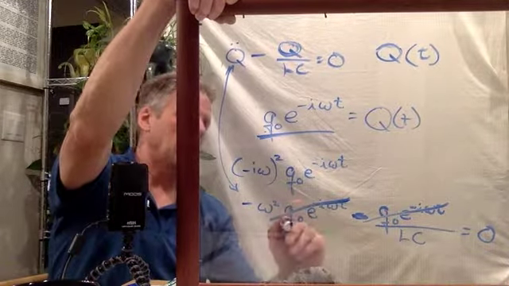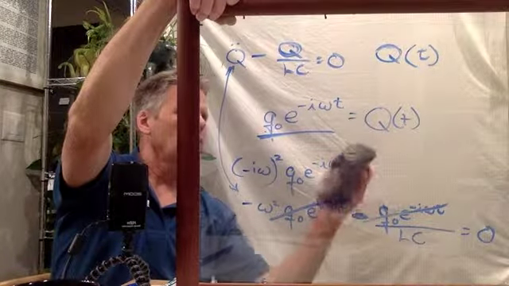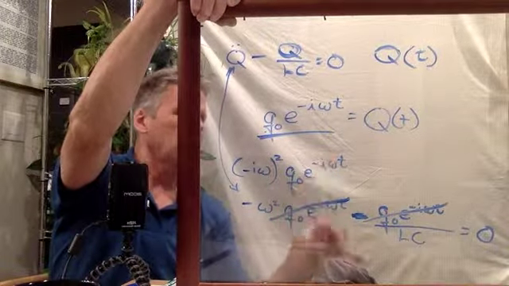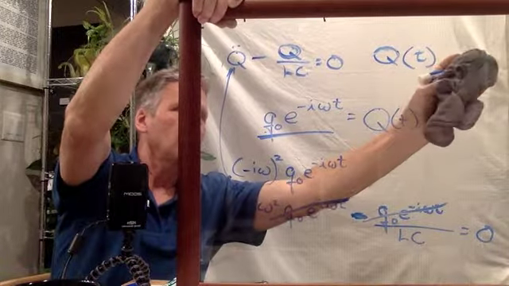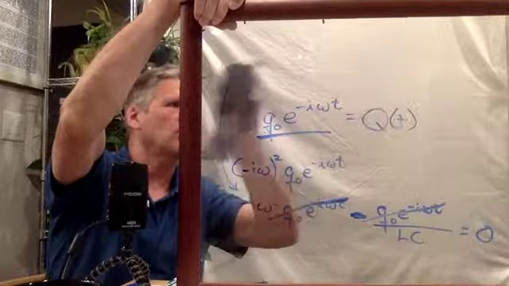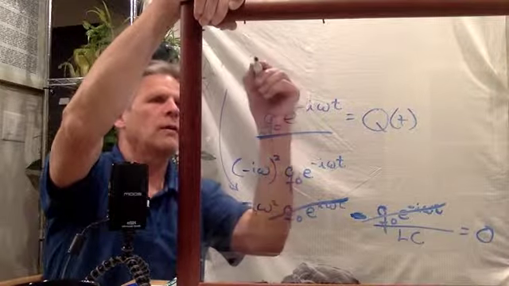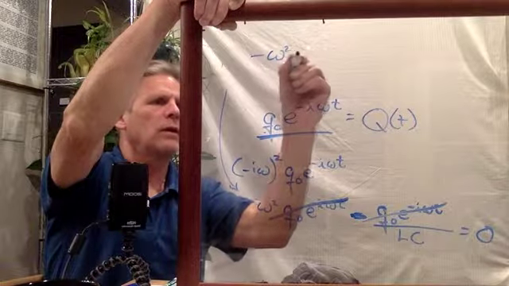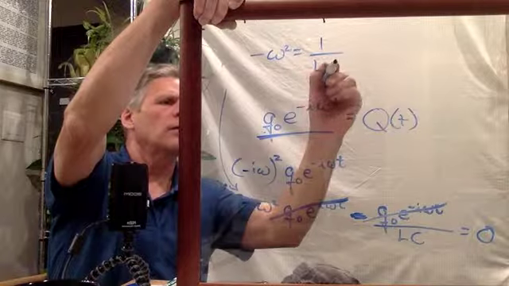This might have been a plus sign and not a minus, but I'm not going to worry about that a whole lot. Let's cross this out so I can use some room here. So what do we end up with? We have minus omega squared equals 1 over LC.